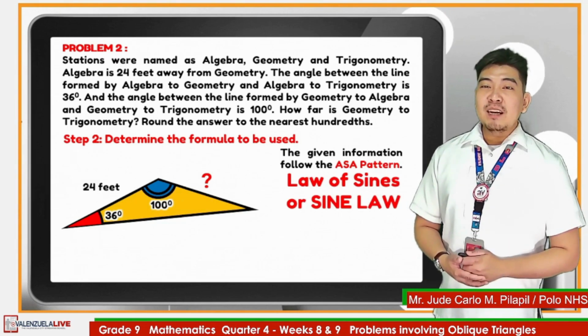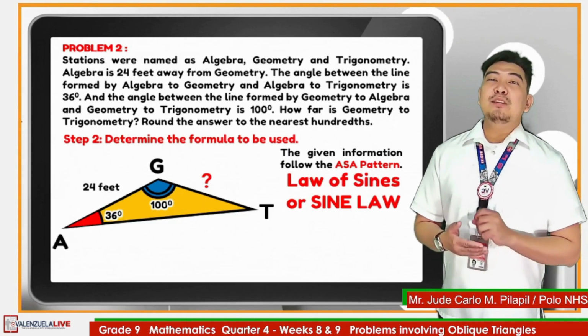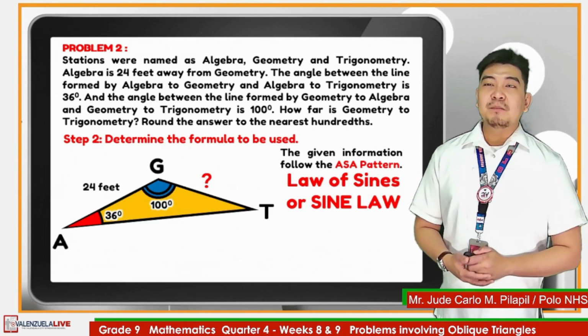Let us name the triangle AGT using the first letters of every station.